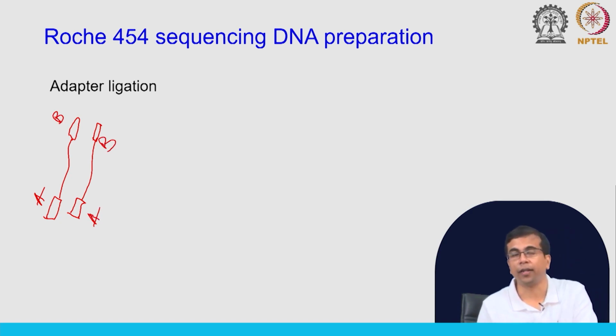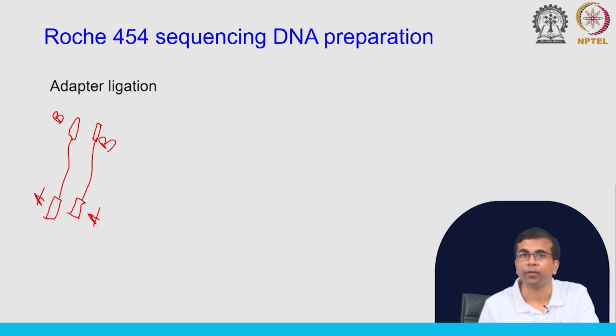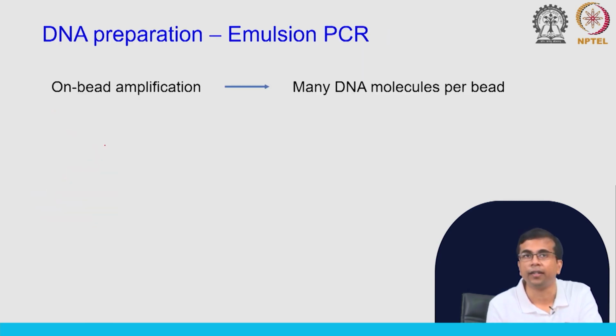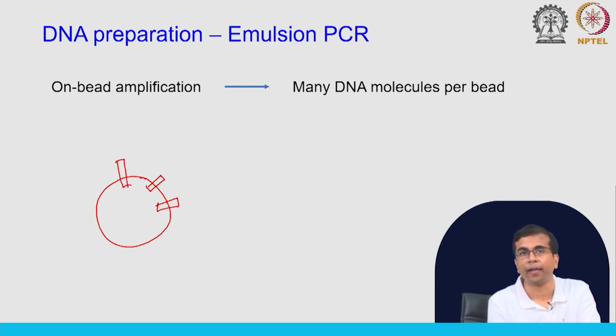So, for DNA we have these adapters ligated, and once we have these adapters, what we do in 454 sequencing is something called on-bead amplification. These are small beads on which we already have some DNA sequences, like probes, and these are complementary to these adapter sequences.